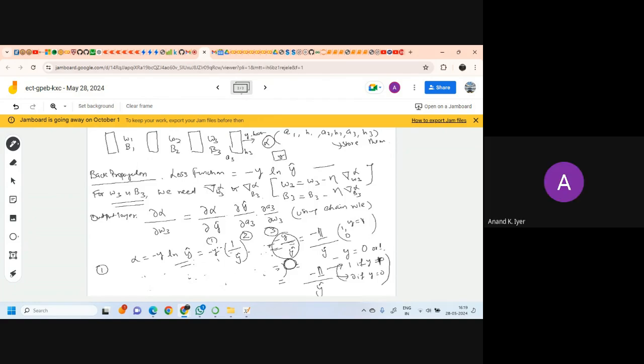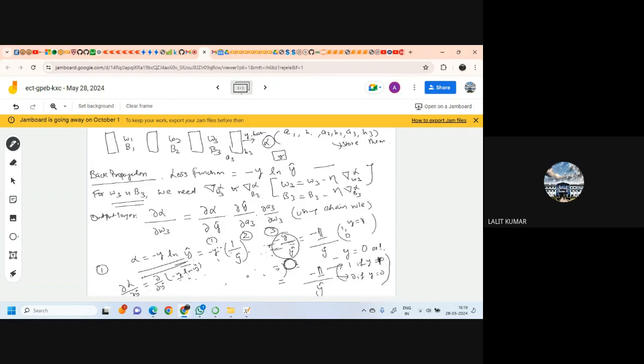One second. When you corrected it, I think you meant to also write del L over del y hat. That part was missing. You wrote loss equal to minus y ln of y hat. So del L by del y hat will become del by del y hat of minus y ln y hat.